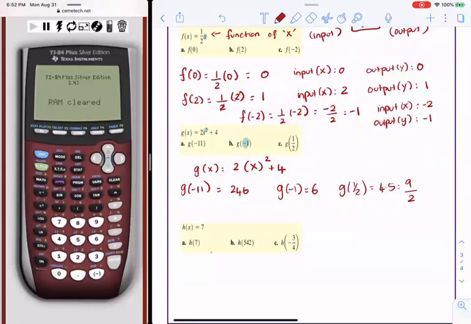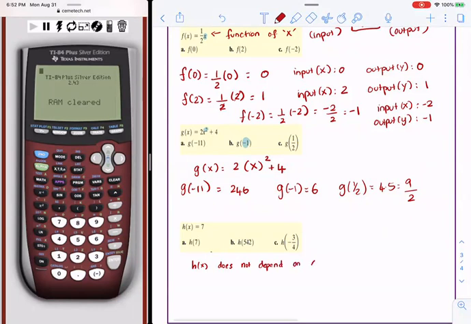So we have h of x is equal to 7. So h of x does not depend on x.